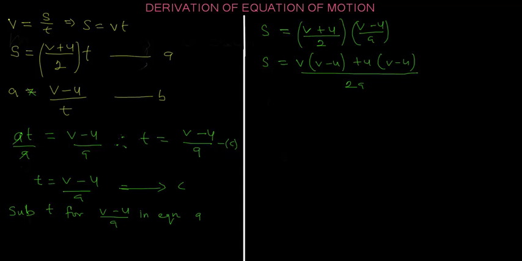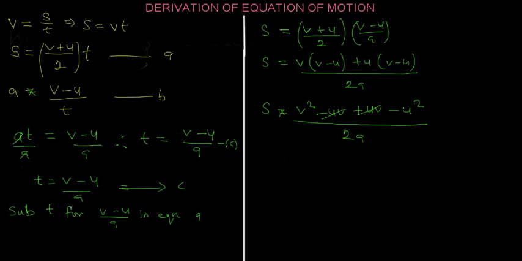So what you have is s is equal to v times v, which is v squared. v times minus u is minus uv, plus u times v is uv. u times minus u is minus u squared, all over 2a. Now this cancels this out.